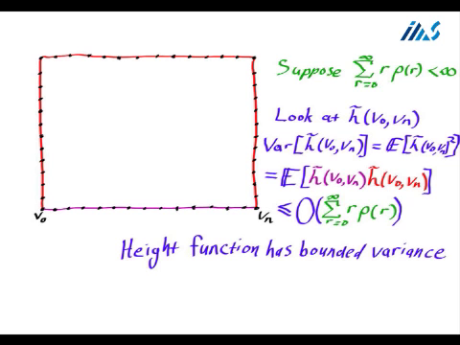Okay, and so the way we can do this is by looking at h tilde between some vertex v naught and some other vertex vn, which is far away, say on the horizontal axis. And because h tilde has been set to have expectation 0, the variance of h tilde from v naught to vn is just the expected h tilde squared. Now, this height difference can be represented in 2 different ways. This can be represented as the sum of height differences along the straight line at the bottom, or along the path going on the top.